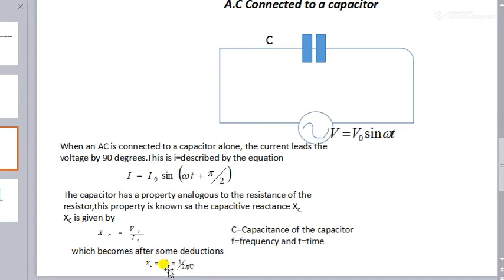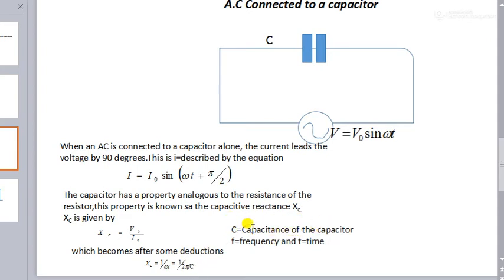This is not small c, it is capital C. 1 over ωC, where ω is 2πf, where f is frequency. So it is 1 over ωC. When we change ω to frequency, we have 1 over 2πfC, where f is frequency, and C here represents the capacitance of the capacitor.